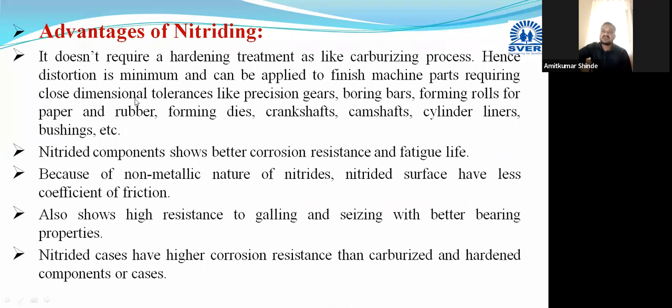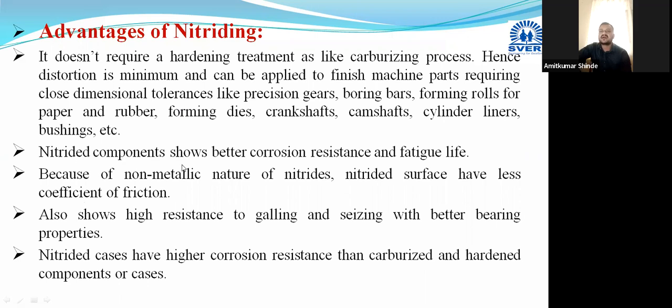Now these are the advantages. Already we have discussed that after nitriding, further heat treatment process is not required, as it is required in the carburizing process. Hence the distortion is also minimum, and this nitriding can be applied in machining parts where we require very close dimensional tolerances like precision gears, boring bars, forming rolls for the papers and rubbers, and forming dies, then camshafts, crankshafts, cylinder liners, bushings.